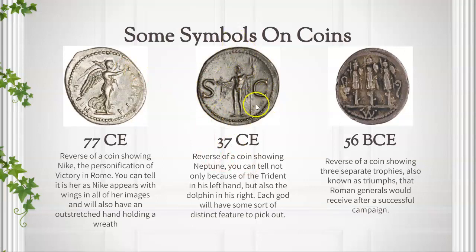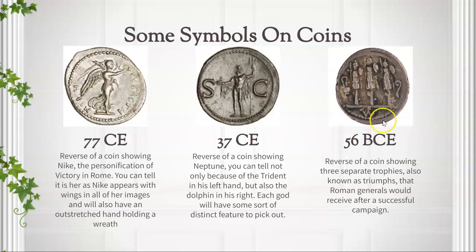On this one, this is actually the god Neptune. You can tell because of this three-pronged trident in his left hand, and even though it's kind of hard to see right now and you likely can't see it, this little squiggle in his right hand is a dolphin, which connects back to how over time the figure of a dolphin would transform into something that people saw as a symbolization of Neptune and not actually Venus.